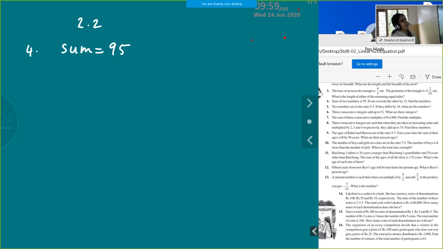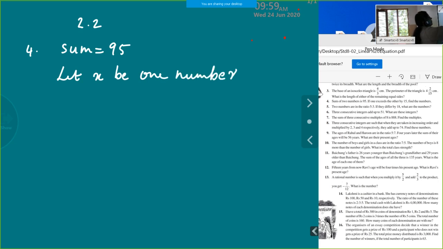I told you, whenever you need to find the variable to be chosen, read the question part. The question is: find the numbers. So I'm going to take it as, let x be one number. If x is one number, the other number is the number exceeded by 15, so plus 15 with x.